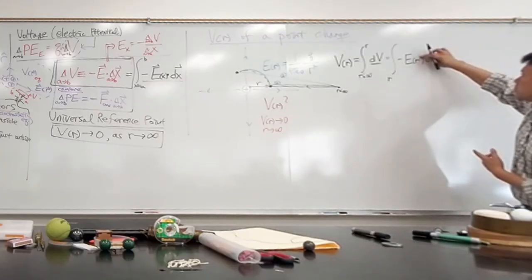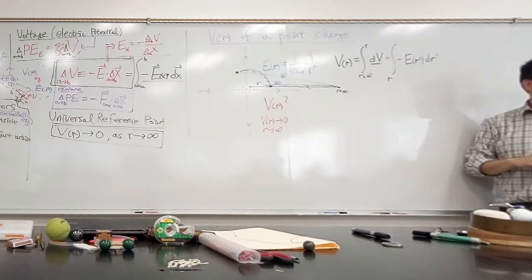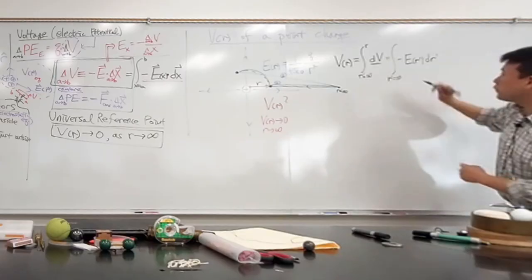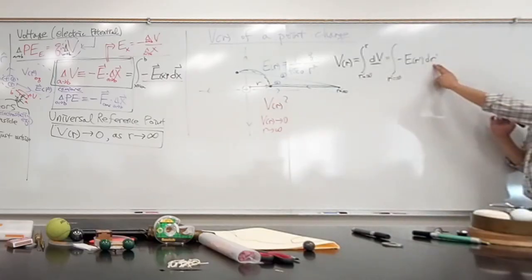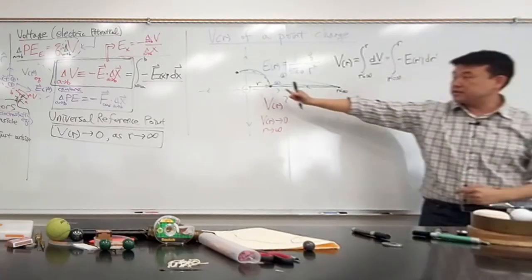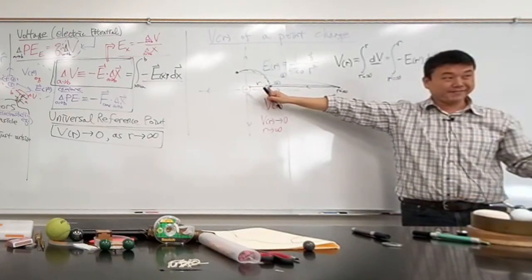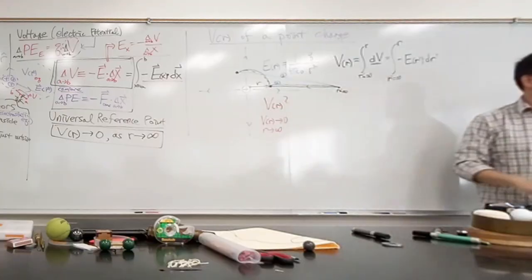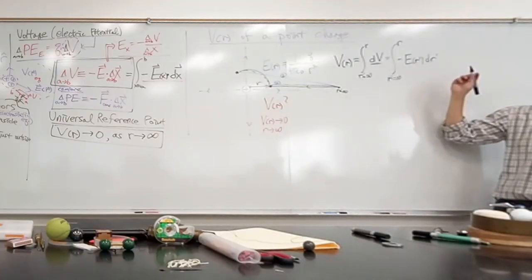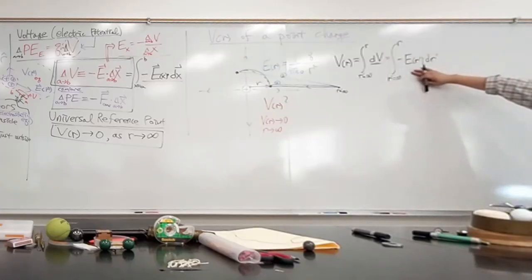Is everyone here familiar with how people use primes when doing integrals? So I'm using r prime as the variable of integration, and the final r that I'm ending up with is the point where I'm interested in calculating the voltage. It's a common convention, but the primes are important, so I shouldn't forget them. Okay?